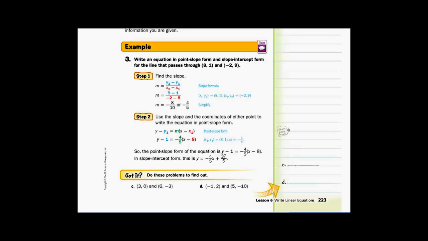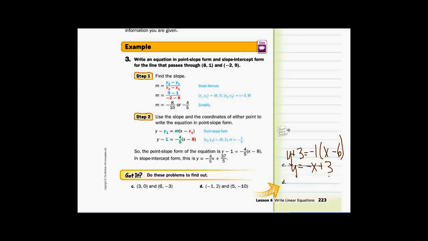All right, so for C, point slope: y plus 3 equals negative 1 times x minus 6. For slope-intercept, y equals negative x plus 3.